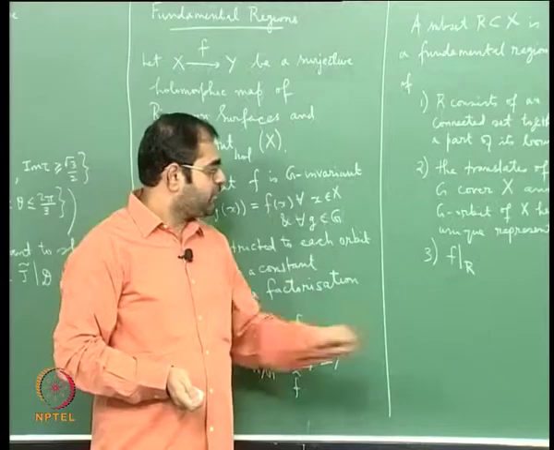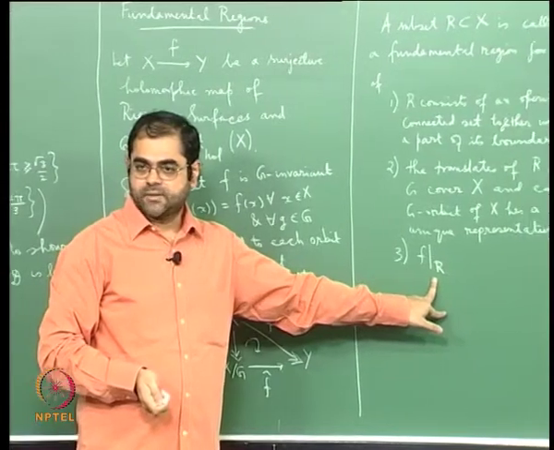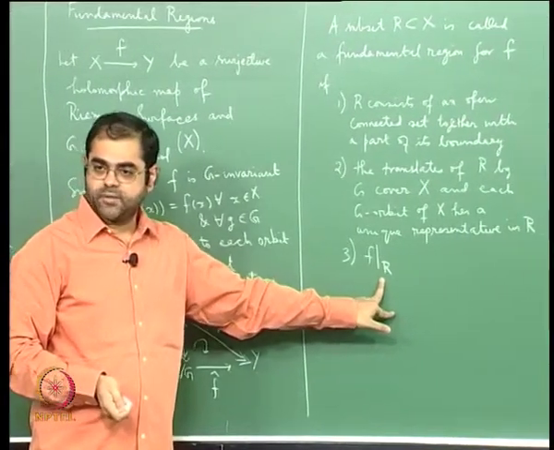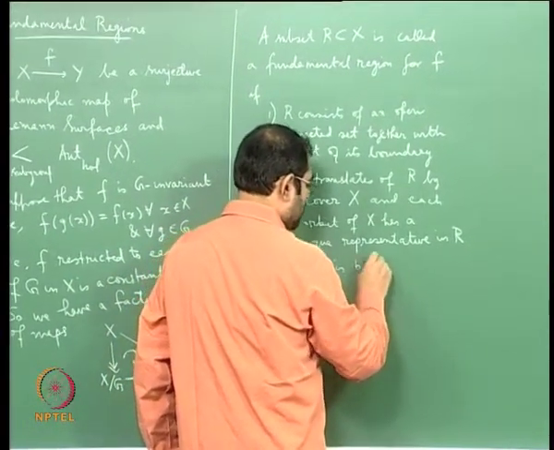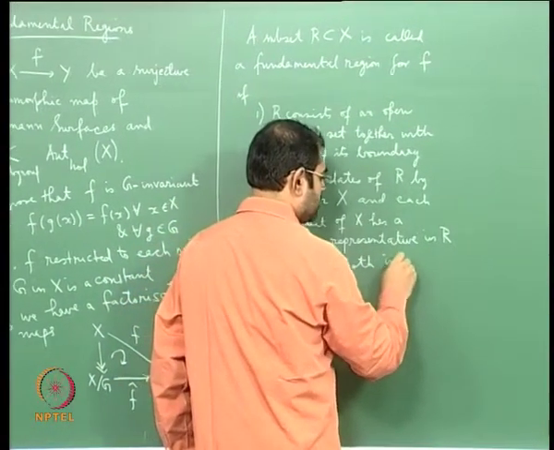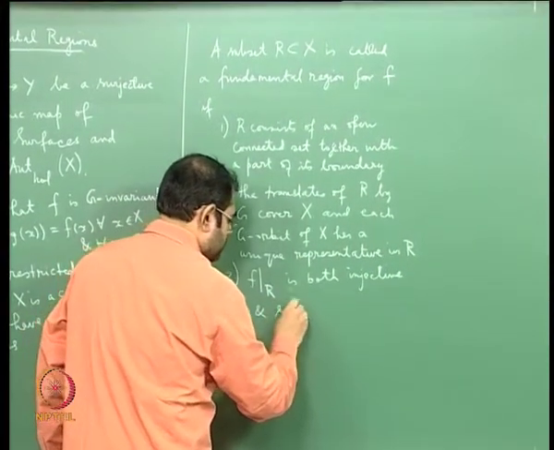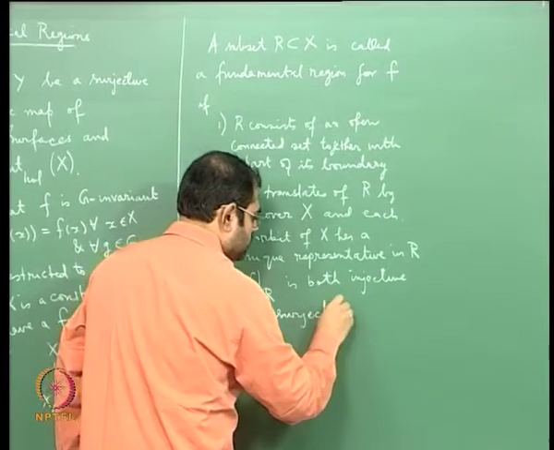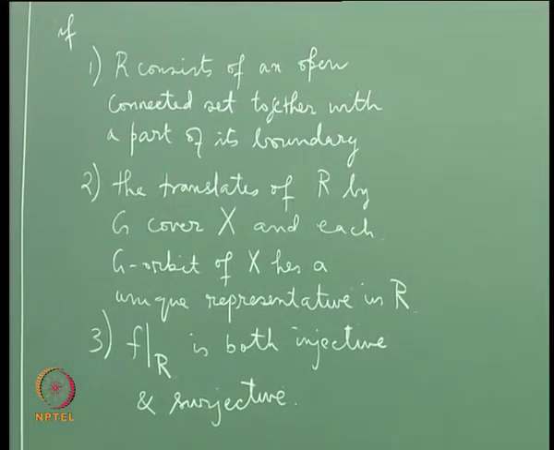But the point I want to make is F restricted to R should be injective as well as surjective. So these are the conditions that define what is meant by the fundamental region for a map.